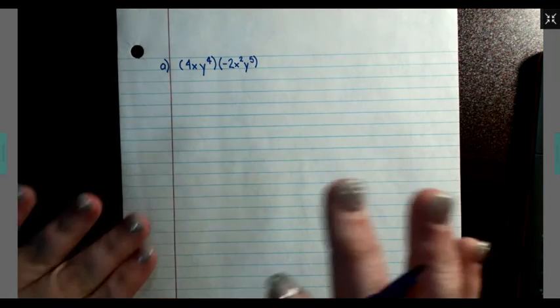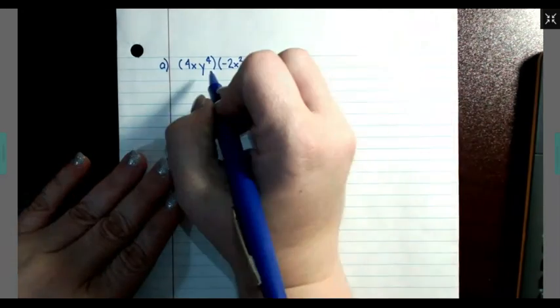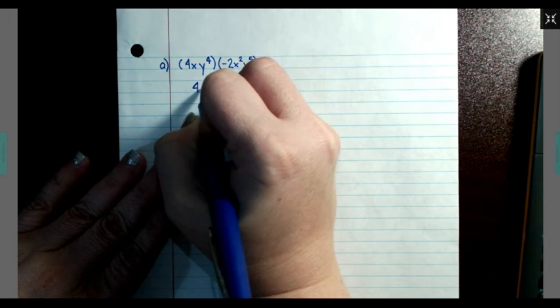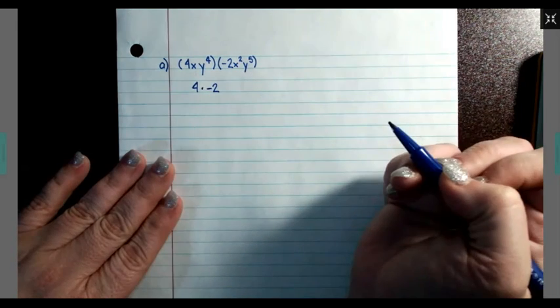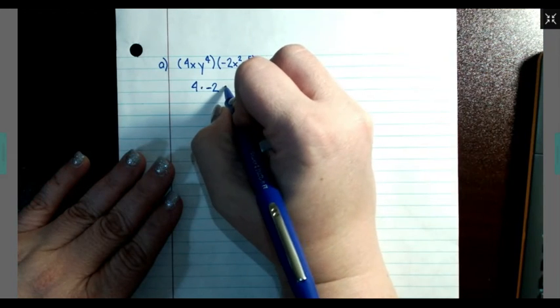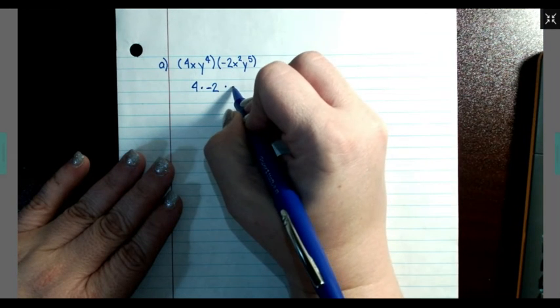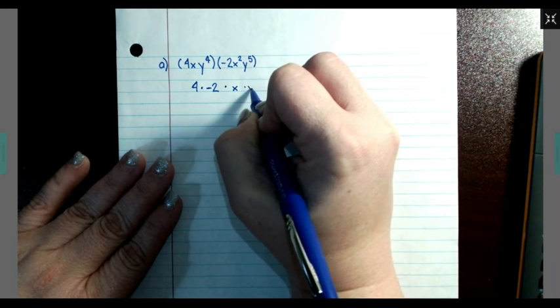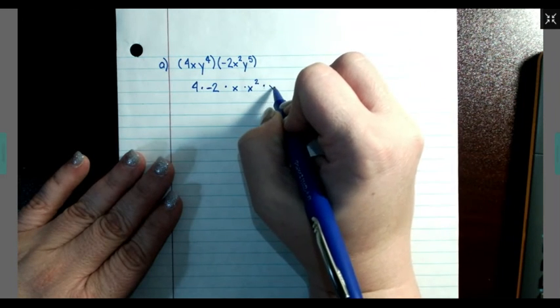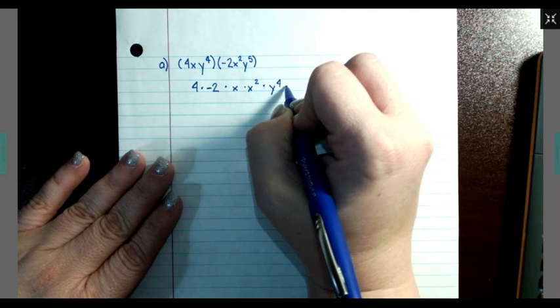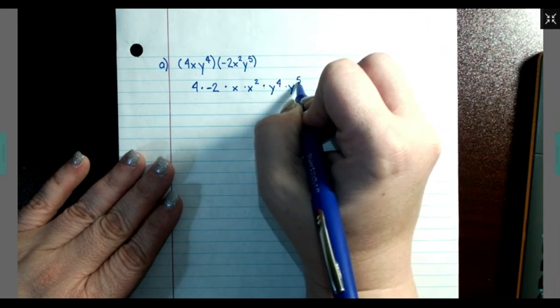So we're going to do our grouping part now. So we group our coefficients: 4 times negative 2. All right. Then next is going to come our x's: x times x squared. And then we've got y to the 4th times y to the 5th.